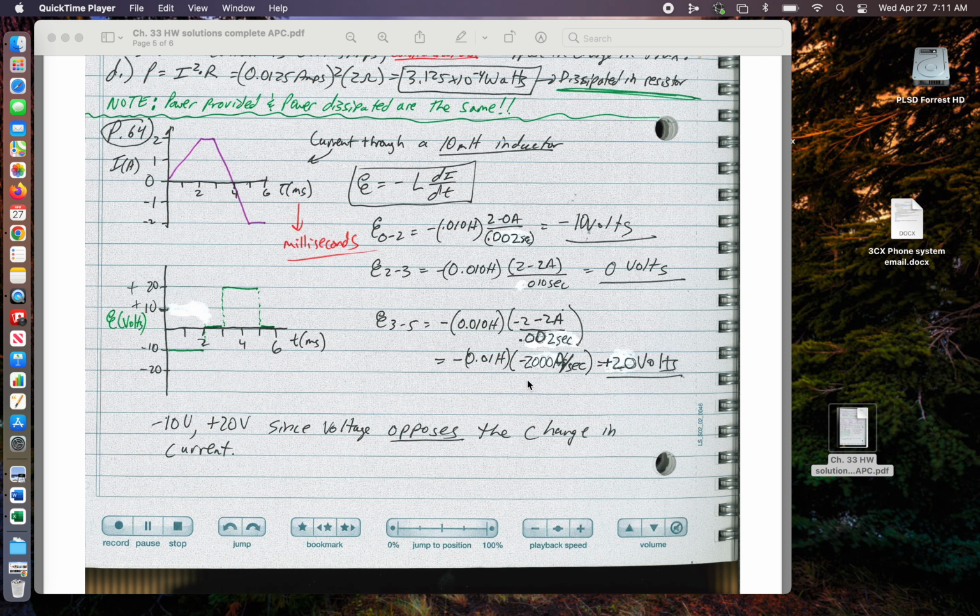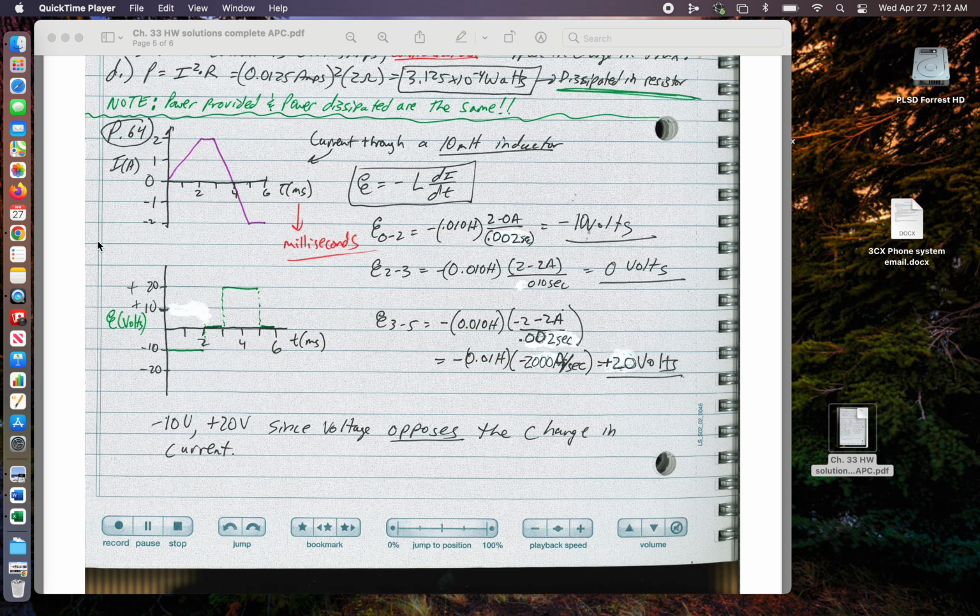And this is where I screwed up, I didn't notice that this was milliseconds at first, so that was quite annoying. So it ends up getting me negative 10 volts here, 0 volts in the region where there is no change in current. And then down here we have a much steeper graph, so much greater change in current, so much greater voltage generated by that inductor, so plus 20 volts.